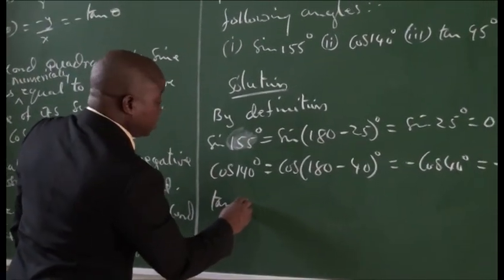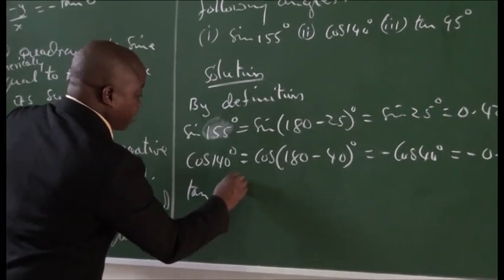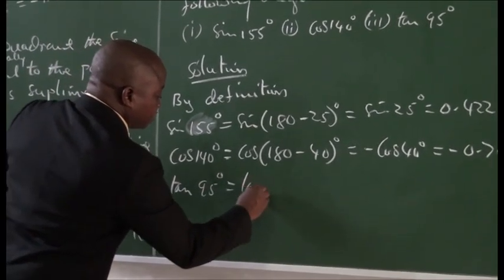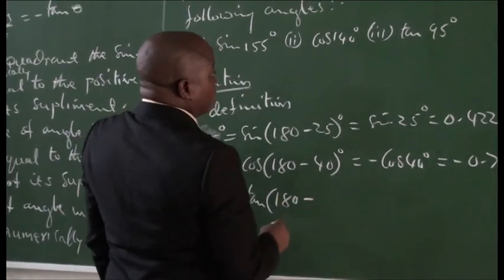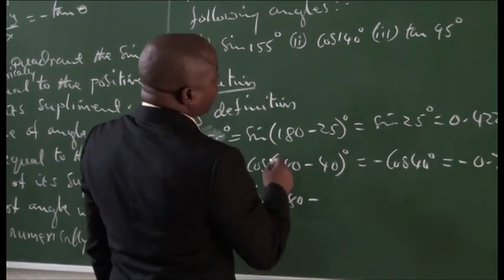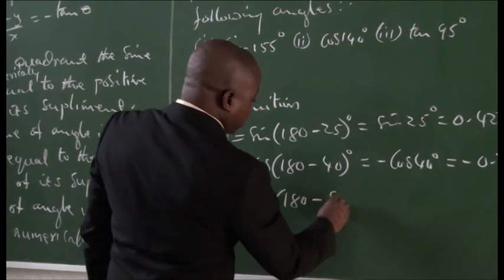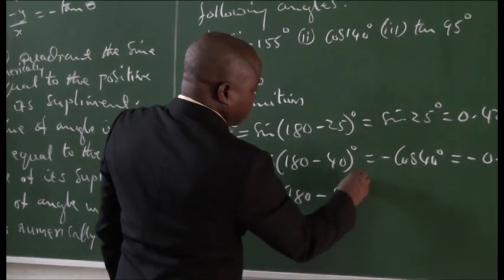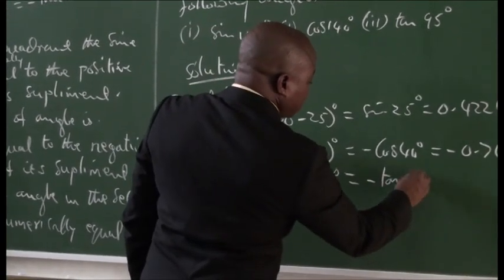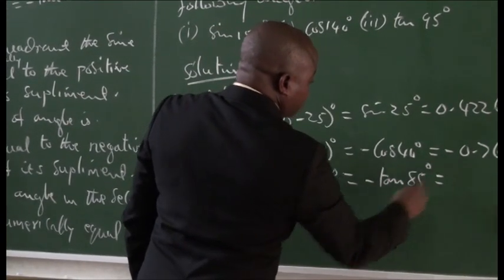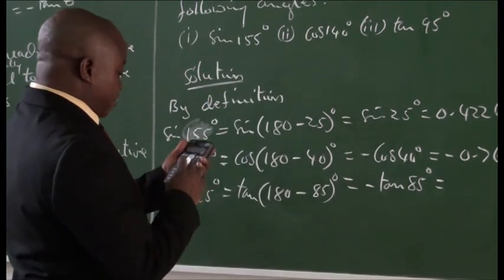Okay, so the same is true for tan. We need tan 95 degrees, which is the same as tan 180 minus 85, which is equal to minus tan 85 degrees.